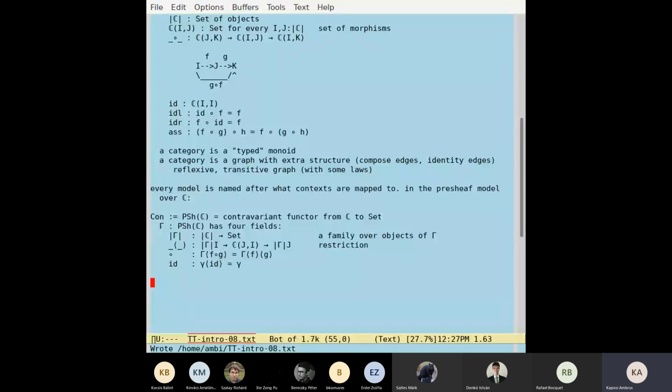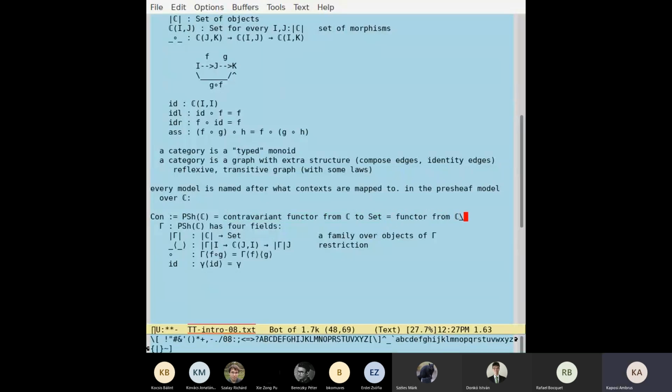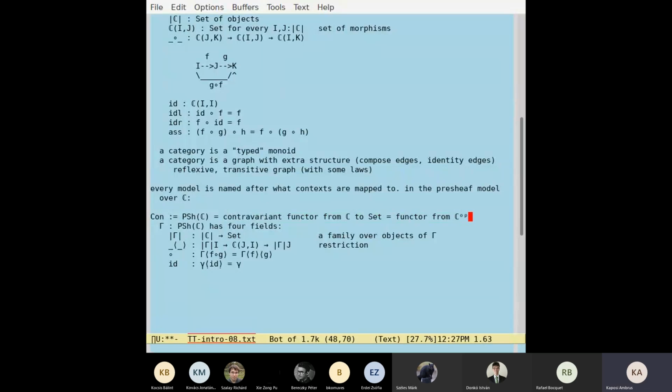Okay, so this is what a presheaf is. And this is the same as, if you know some category theory, a contravariant functor from C to Set. And it is also the same as a functor from C op to Set. That's another way to state this.